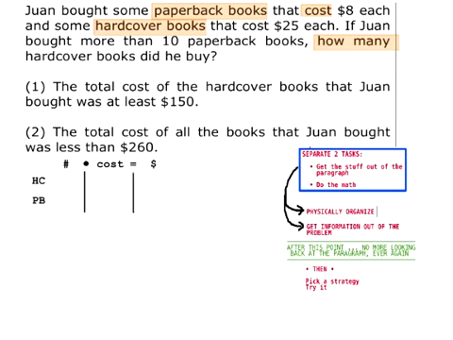Also, we should make two copies of this chart, because why? Why should we make two copies of this chart? Goal of the problem is the number of hardcover books. Why should we make two copies? Yeah, it's a data sufficiency problem.